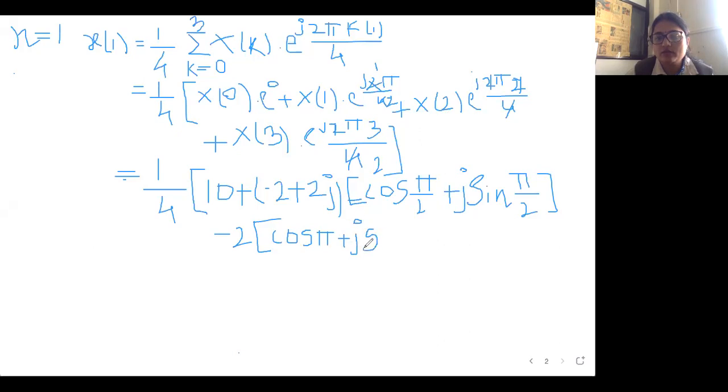Cos pi plus j sin pi. And finally the last value is x of 3 multiplied by e raised to j 3 pi by 2. This is the last value.